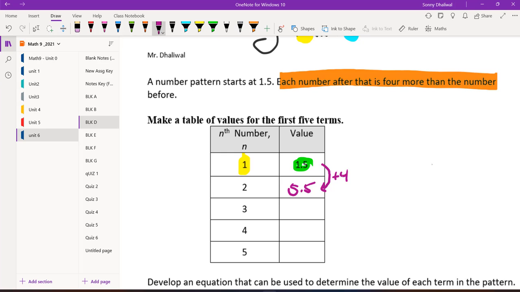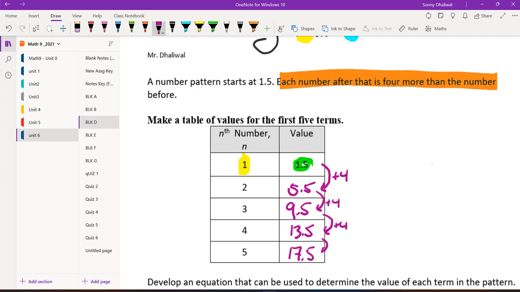So what would this one be? 9.5. Then 4 more, 13.5. And 17.5.